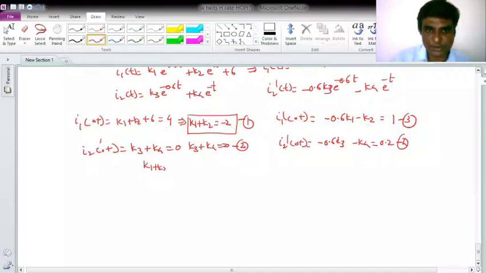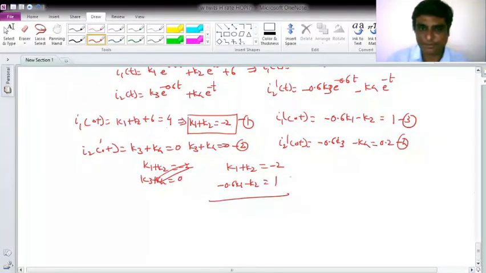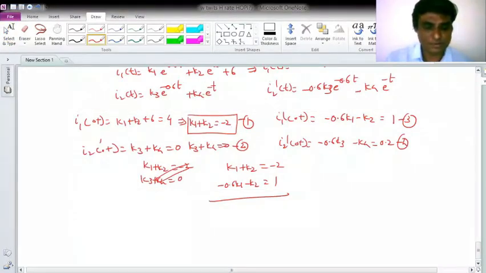So k1 plus k2 was -2, k3 plus k4 is 0, and here minus 0.6. So I will not use this word. It's k1 plus k2 minus 2, and minus 0.6 k1 minus k2, which is 1. So if I do this, your value of k1 is basically minus 2.5.